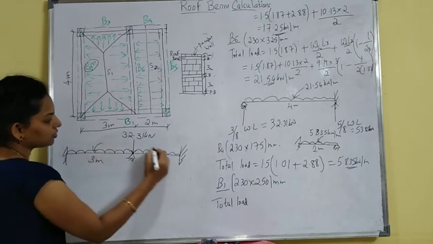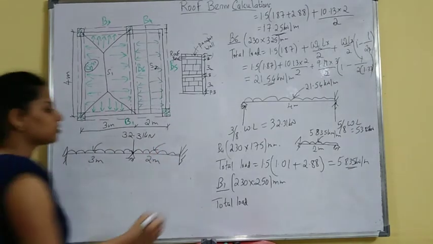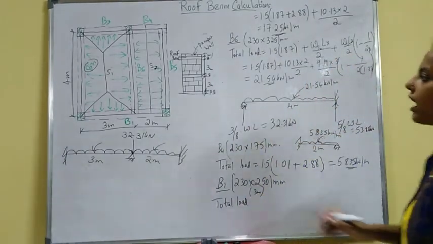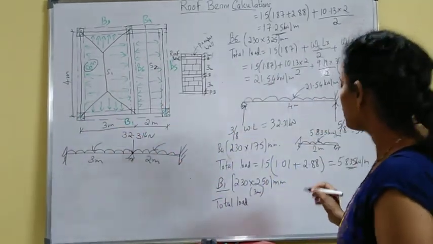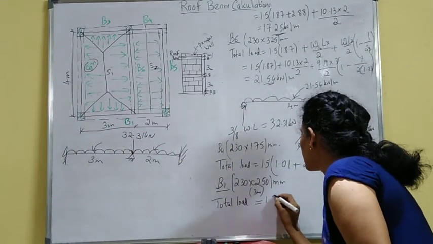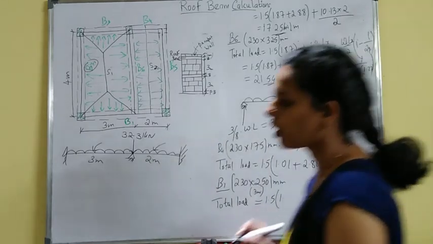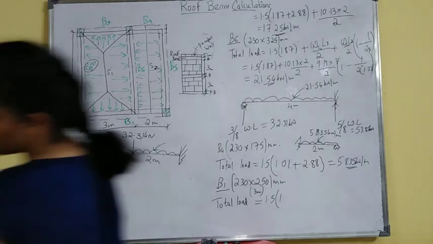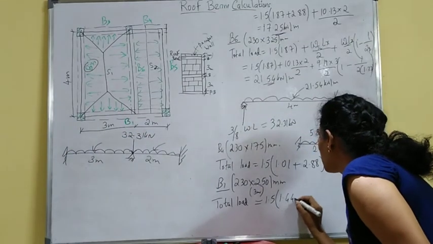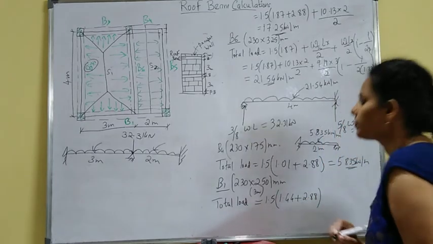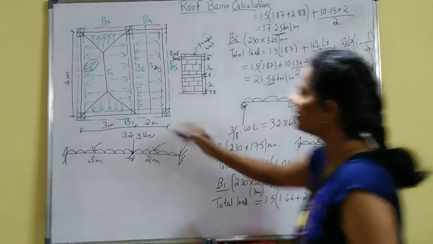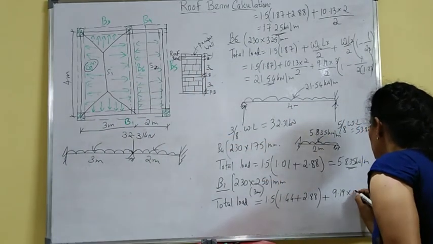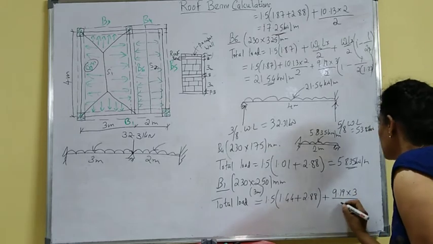Now you have to find out this UDL and this UDL. So first I will calculate the total load up to the 3 meter span. For that, up to here you have self-weight of beam, that is 1.44, plus 2.88 as the parapet wall load. Then you have one triangular load distribution, that is 9.919 into Lx by 2, that is 3 by 2.